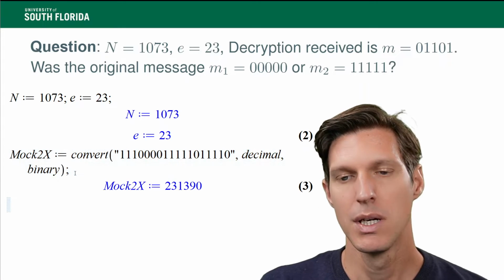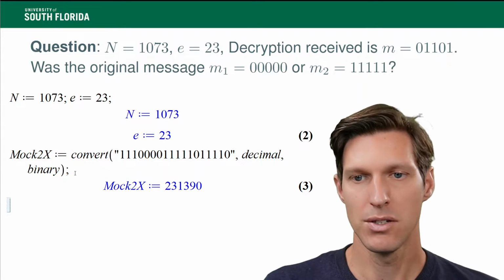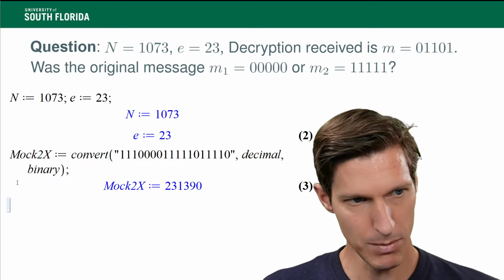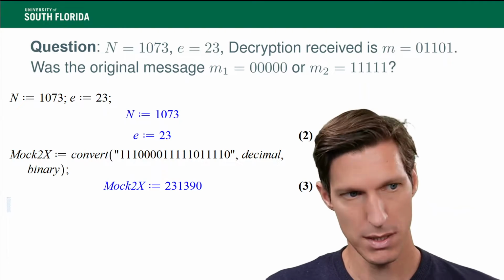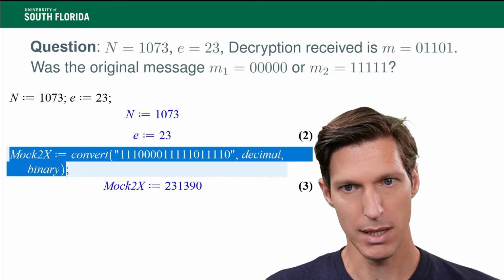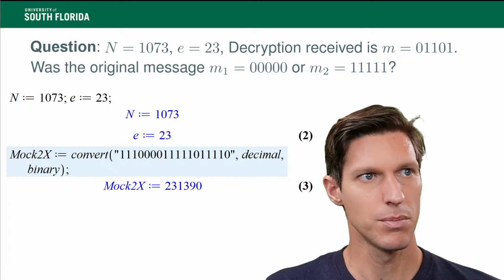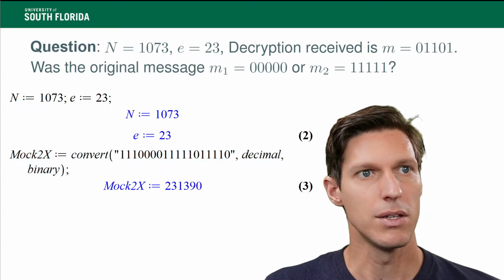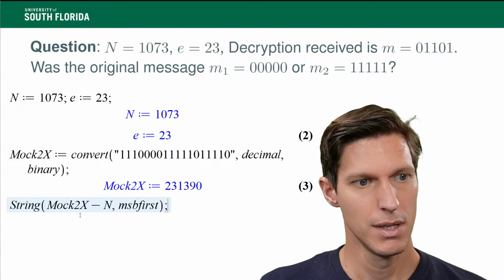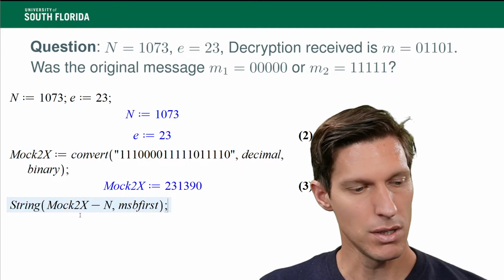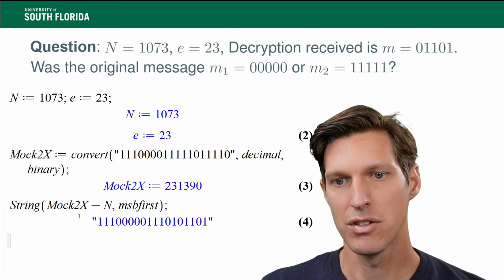So here is my mock 2x. This is a number, by the way. And then I'm going to reduce it mod n, which really means in this case that the reduction mod n that we're talking about is simply a subtraction by n. And here, I'm going to look at the binary decomposition of it.